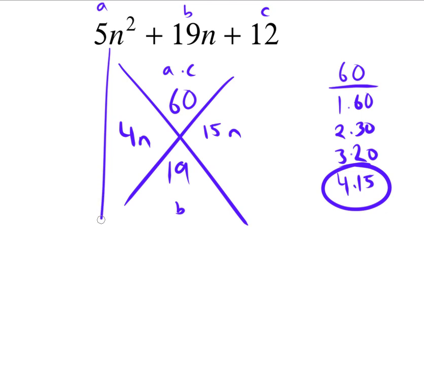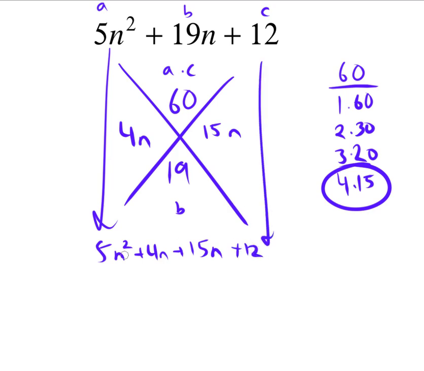And once again, we bring down like we've been doing all night long. This is 5n squared plus 4n plus 15n plus 12. All right, and hopefully that would have made a lot of sense to you. And I'm going to group these together, and I'm going to group these together.